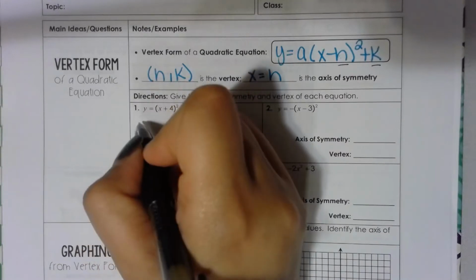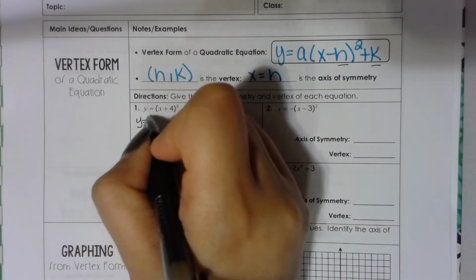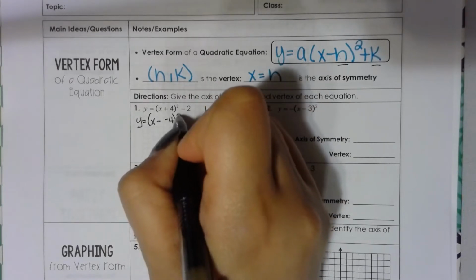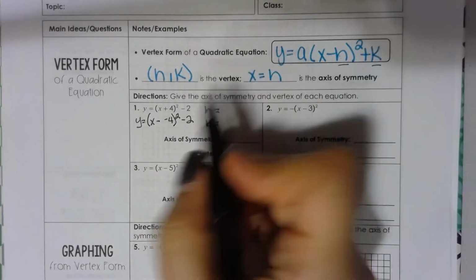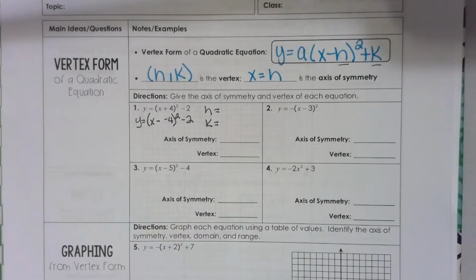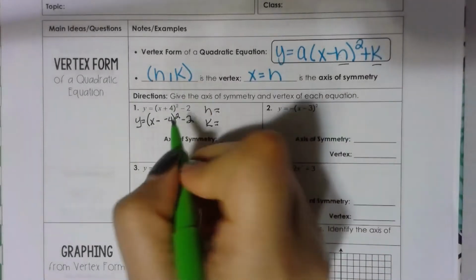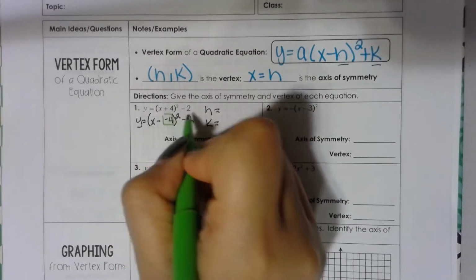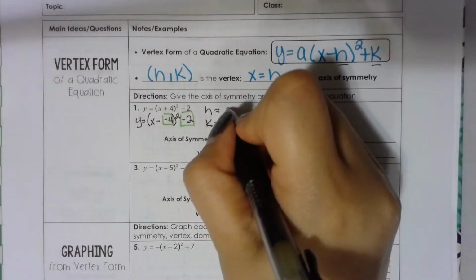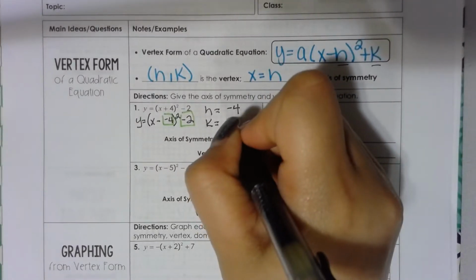To do that, all you have to do is say y equals x minus a negative 4 squared minus 2. Now you can see that it is x minus, and then here is your h right there. Here is your h, and here is your k. So then your h is a negative 4, and your k is a negative 2.